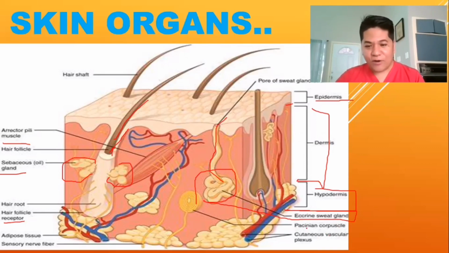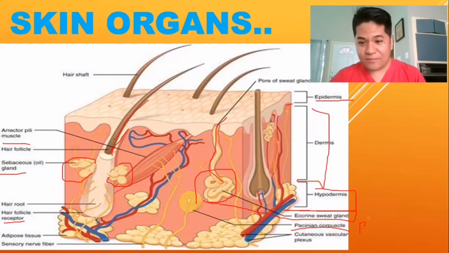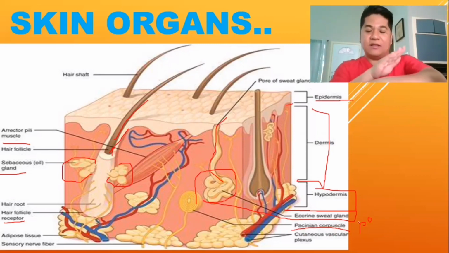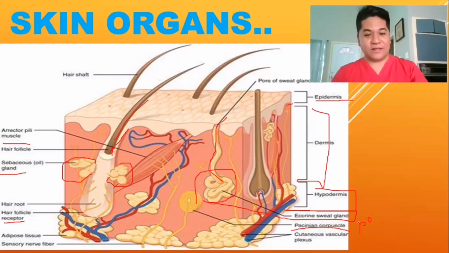Now we also have here the Pacinian corpuscle. The Pacinian corpuscles detect pressure. Remember, they detect pressure. That's why when someone puts pressure on you, you will feel it because of the Pacinian corpuscle.